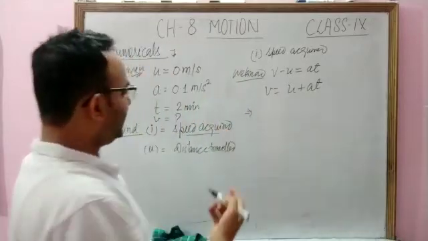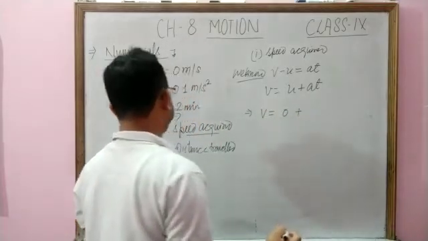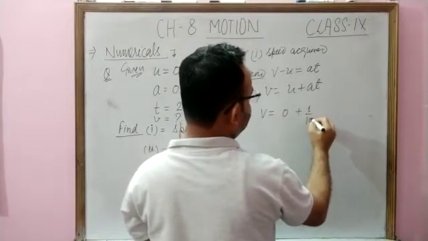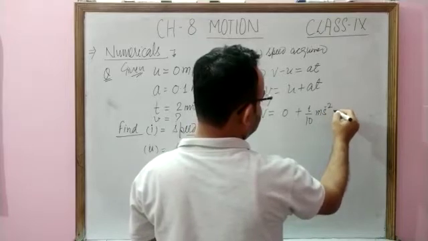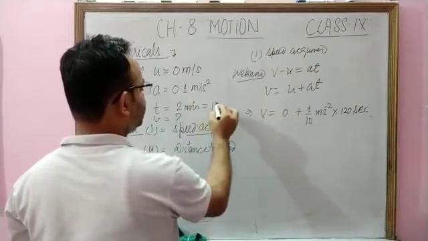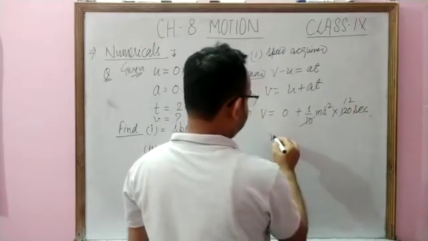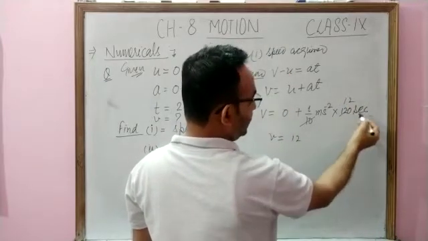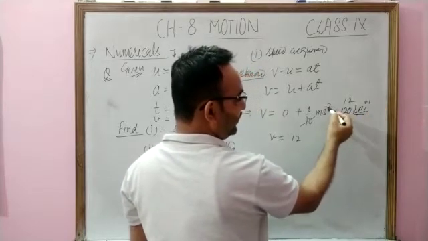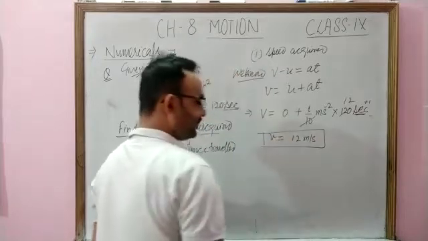Put the values whatever they have given here. v is equal to 0 plus a, 0.1, 0.1 means 1 by 10, into 120 seconds time, 2 minutes is 120 seconds. v is equal to 12 meter per second.